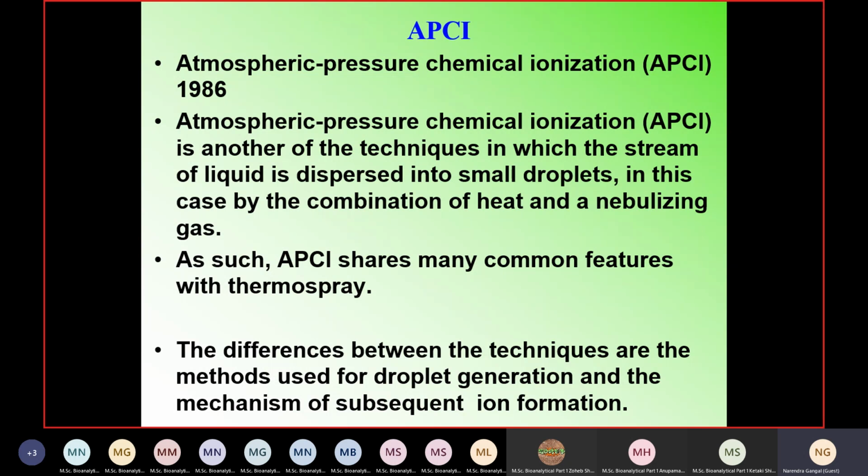The mass analyzer portion has to be under high vacuum only, because if the ions which are formed undergo any collision with other ions in the mass analyzer portion, then my ions will be lost. So the low vacuum or atmospheric pressure is only in the ionization portion, not in the mass analyzer portion. And the name also suggests that there is chemical ionization.